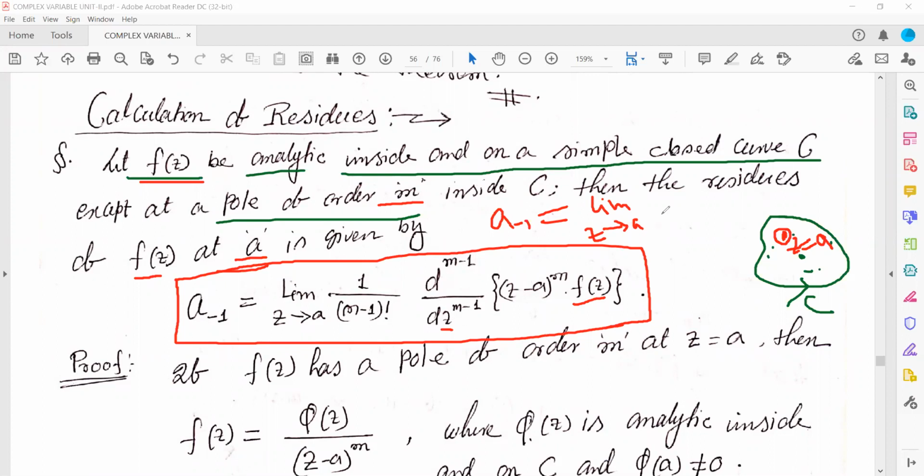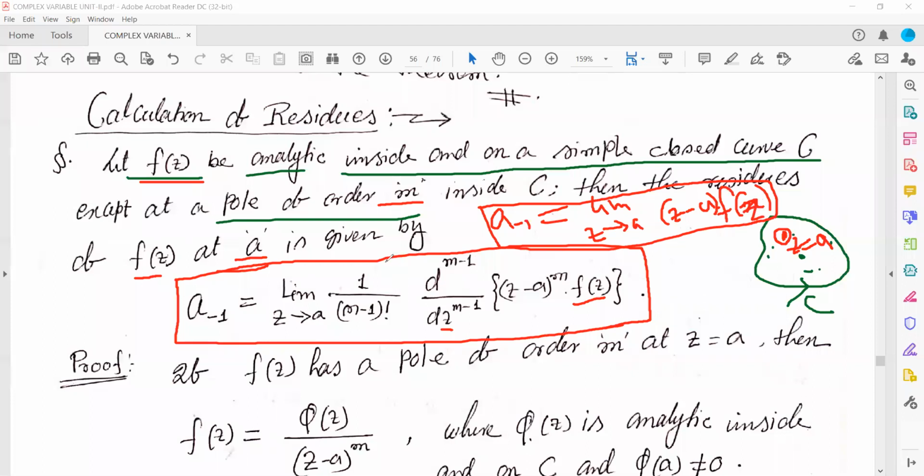So this is the limit of (z minus a) into f(z). This is the residue for a simple pole. A simple pole means a pole of order 1. So a minus 1 equals the limit as z tends to a of (z minus a) into f(z).